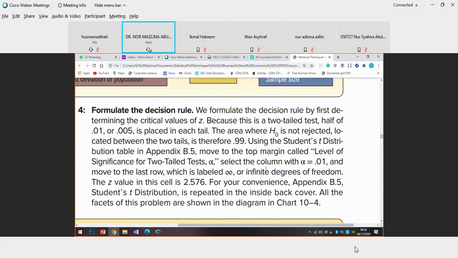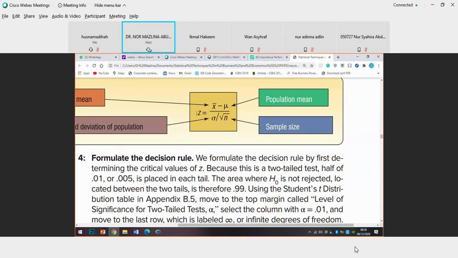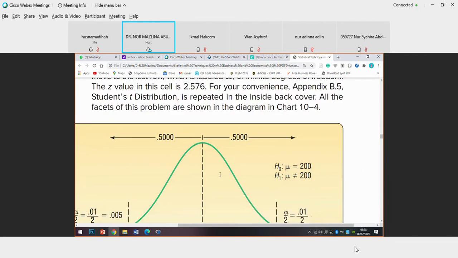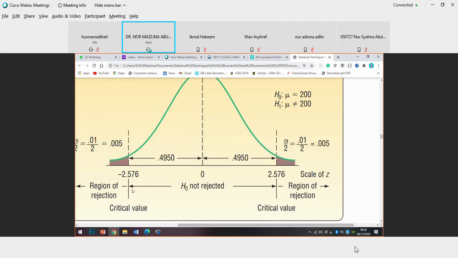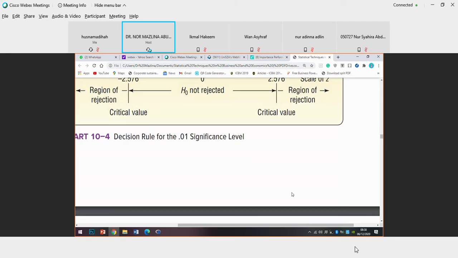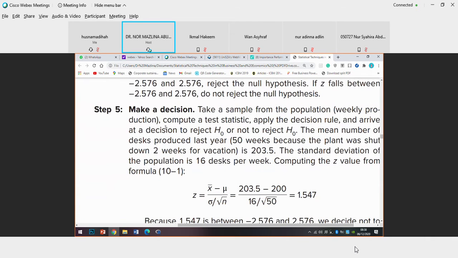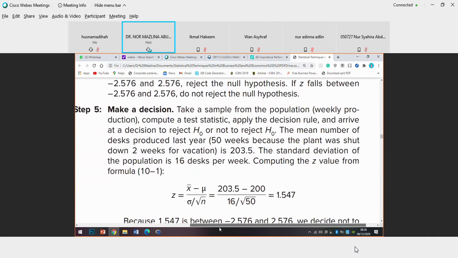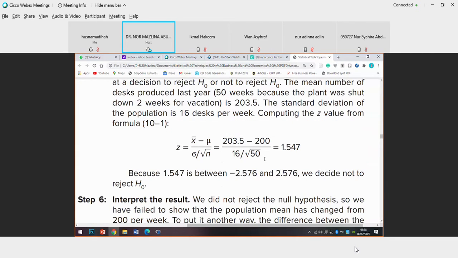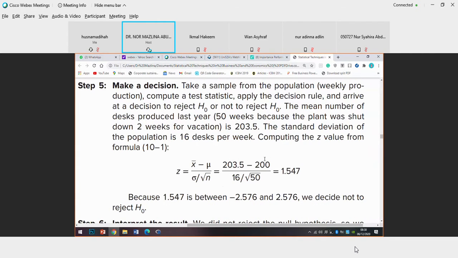After you have decided your test statistic Z, you formulate, and then we have the rejection region, plus and minus, and then you make a decision whether the Z value is in the rejection region or not. If it is in the rejection region, you reject H0.